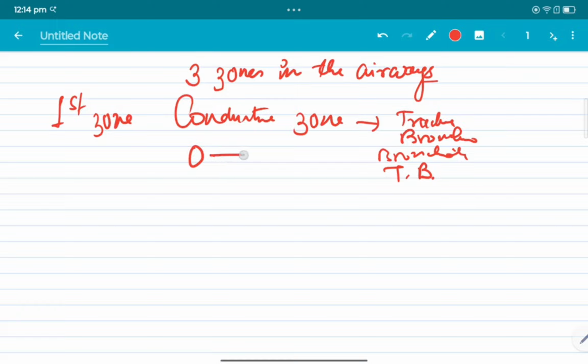Generation 0 to 14 or 15. Now the generation 15 is called the second zone, which is the transitional zone.